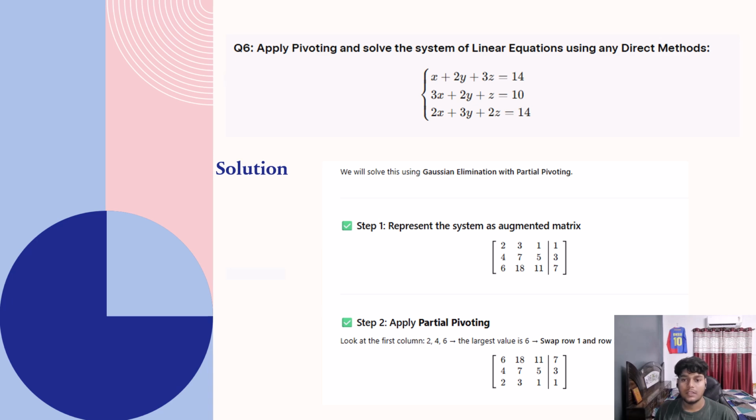The augmented matrix is, as you can see here. We will pivot on column 1. The largest element is 3 in row 2, so swap rows 1 and 2, and eliminate below the pivot. Row 2 becomes 1 1 2 3 1 and 3, and row 3 becomes 0 5/3 3 4/3 6 1/6 3. Pivot on column 2.